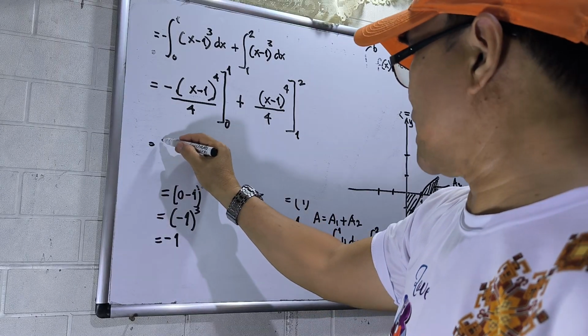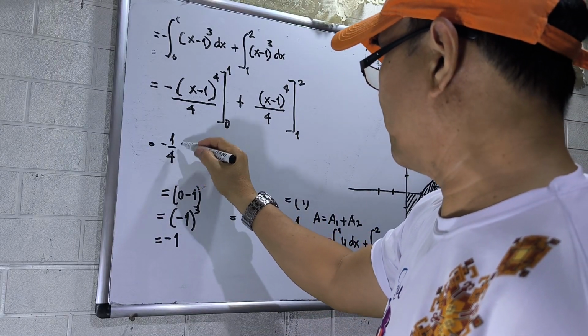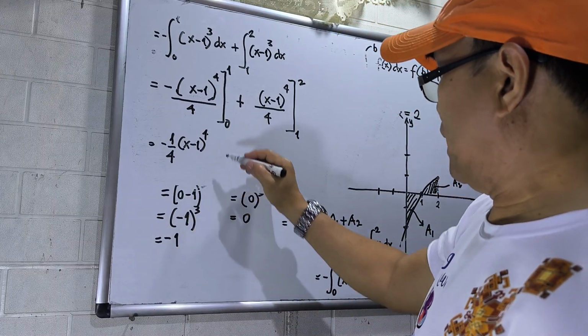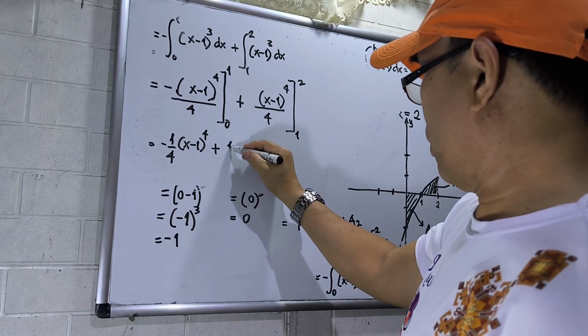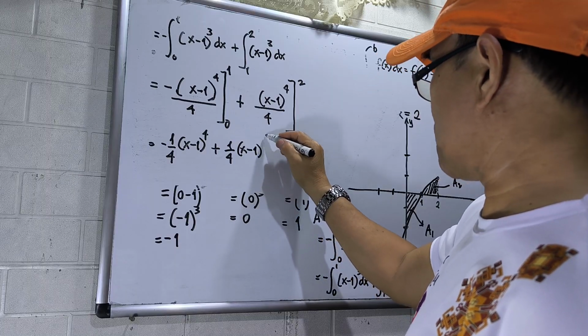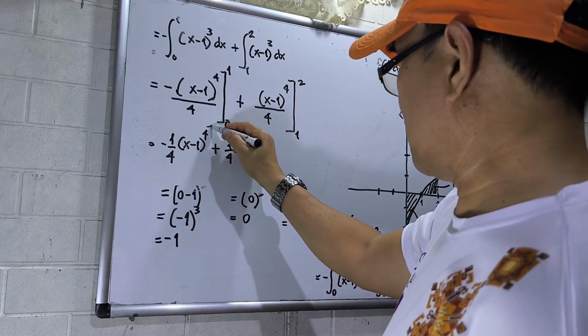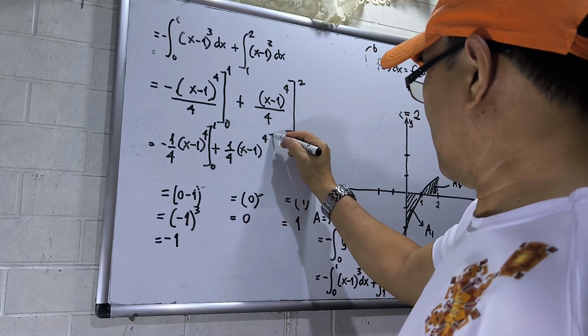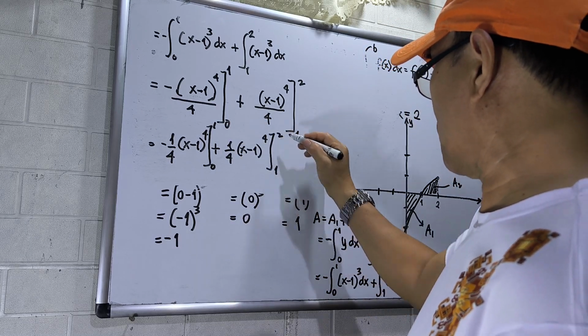Or I can write this as negative 1 over 4 (x minus 1) to the power of 4, then plus 1 over 4 (x minus 1) to the power of 4. So take note, they have different limits: from 0 to 1, then the other one is from 1 to 2.